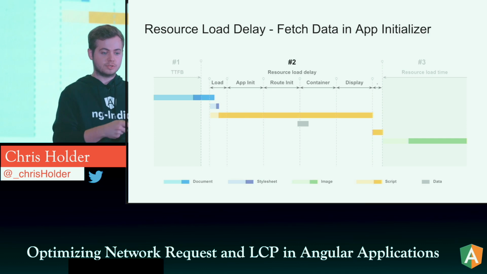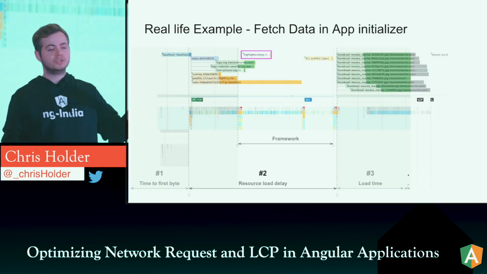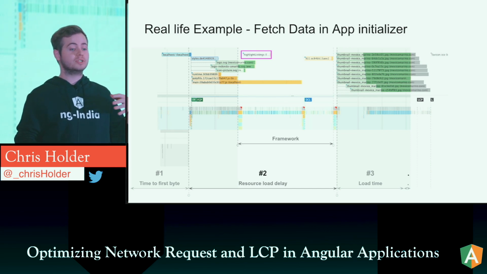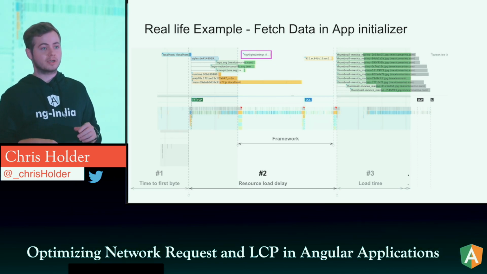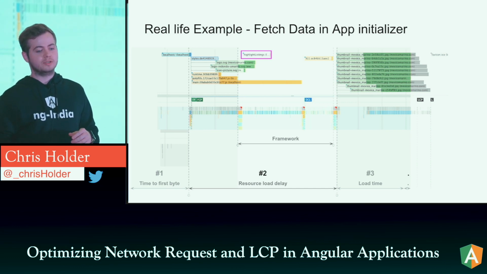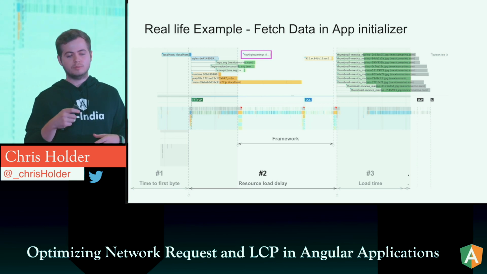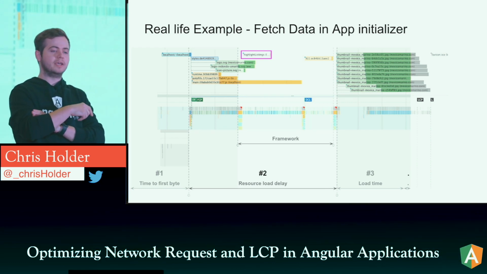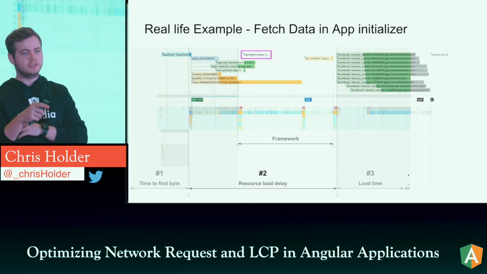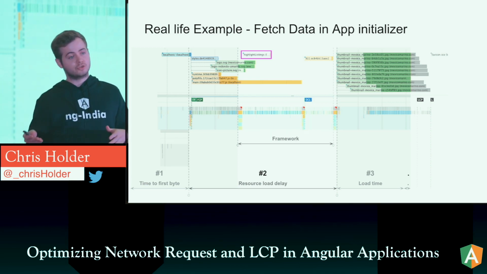And as you can see here, I have now initiated the fetch request, and the data is now available much earlier by fetching it directly inside of the app initializer. But you can see that that didn't really make a change there. It didn't actually improve the LCP because we already had the data at the end of the loading of the route, of the feature module.